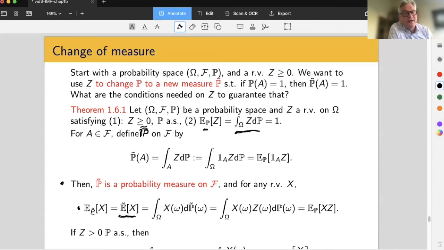We use the subscript P tilde here for clarity, while the book uses E tilde of X. That is now equal to the integral over Ω of X(ω) Z(ω) dP(ω), without a tilde, of course. If we look at this in detail, this is equal to the expected value under P of X times Z. This is a change of measure.